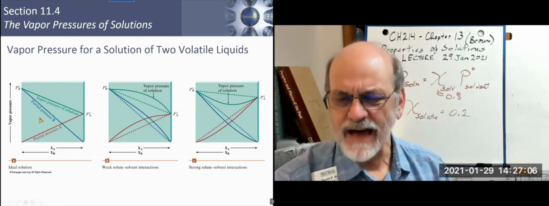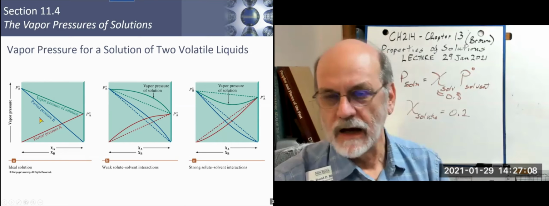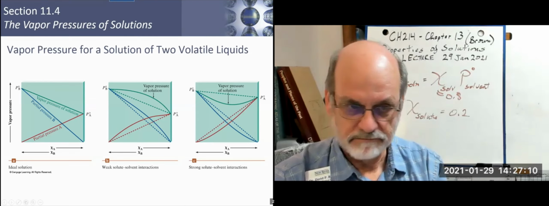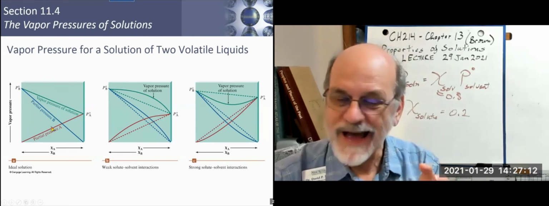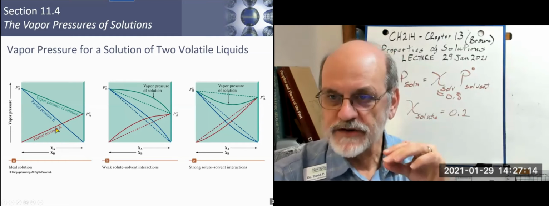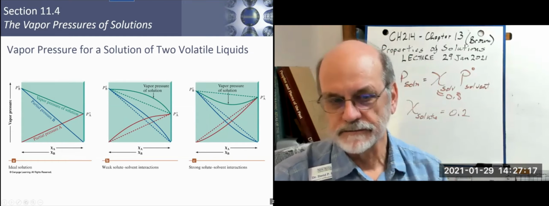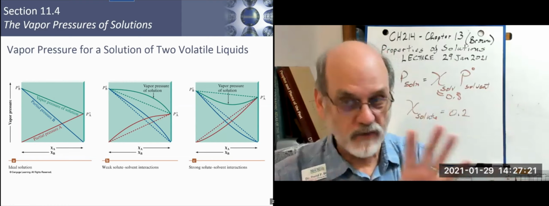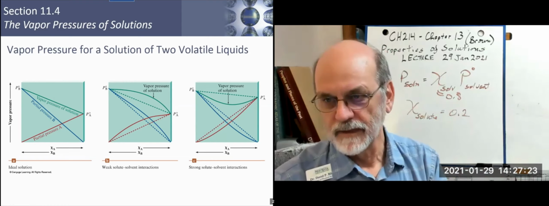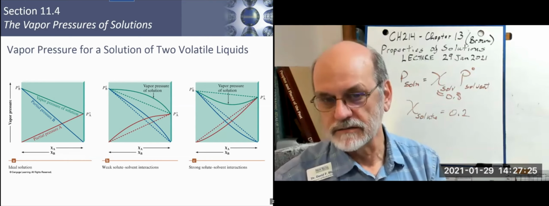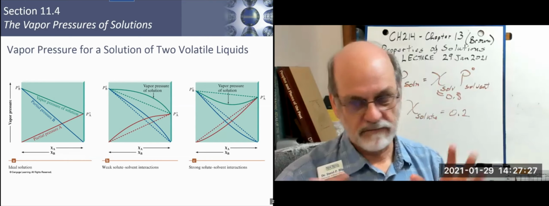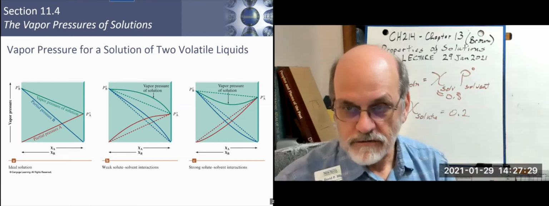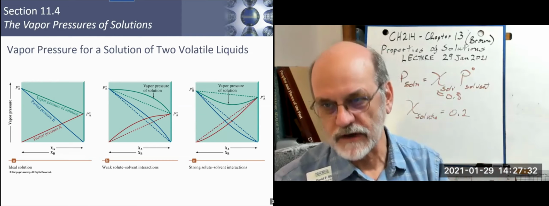So what do you have to have for an ideal vapor pressure graph of a two-component system where both are volatile? You need to have a system where they do not interact with each other at all. They just act like billiard balls, right? There's no intermolecular force involved at all.